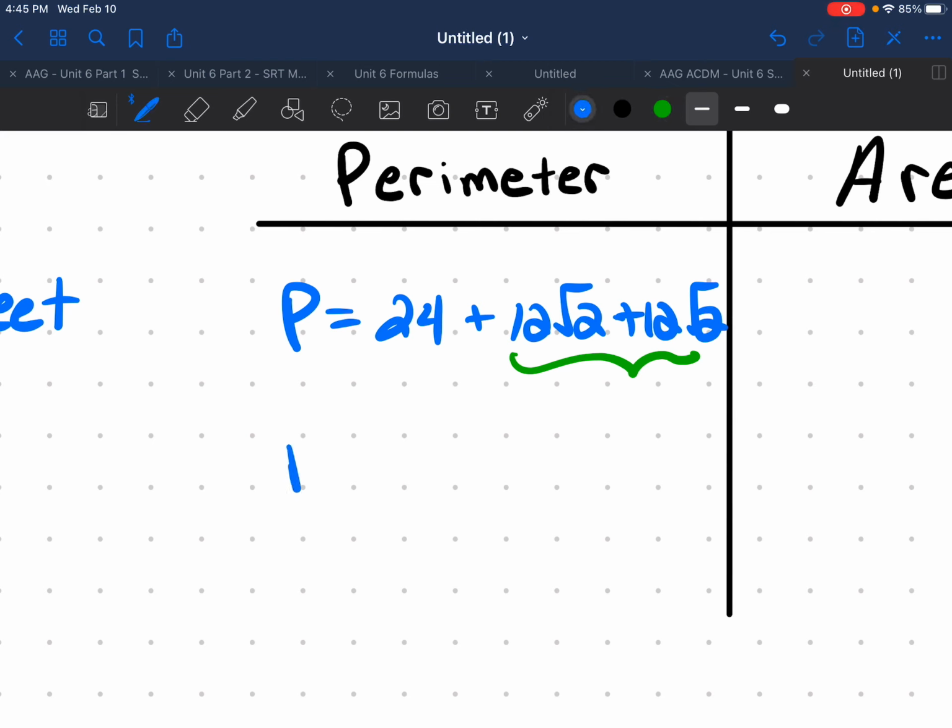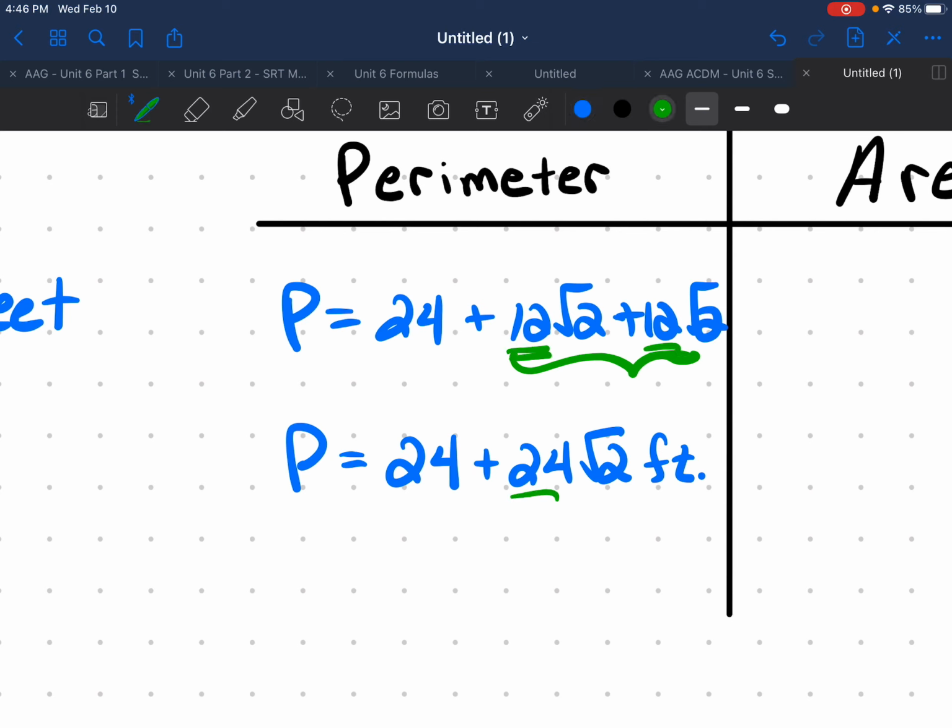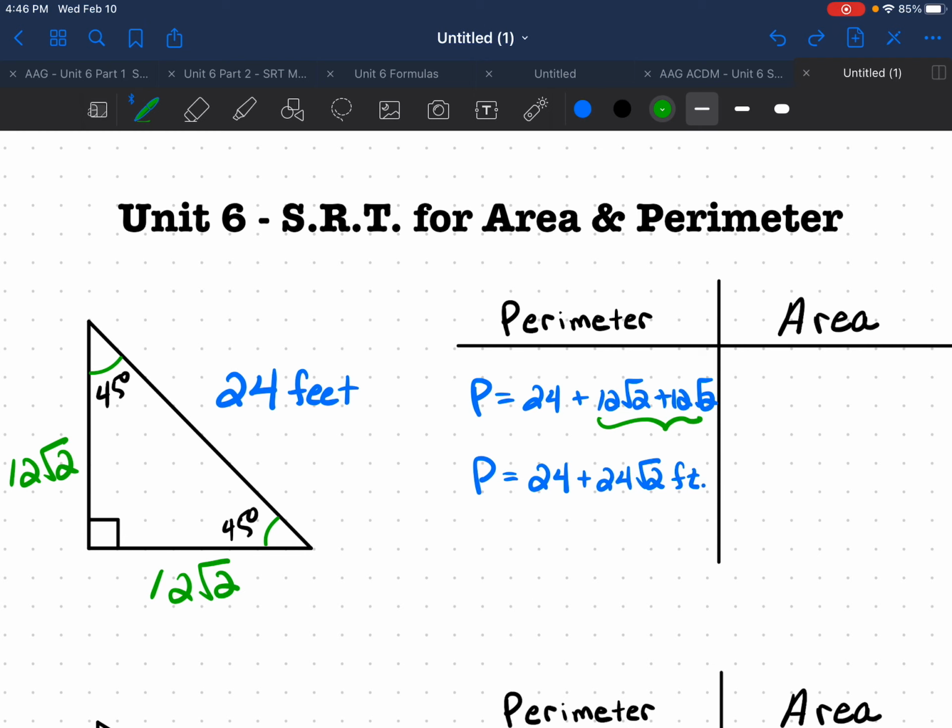So in this case, I will end up with a perimeter of 24 plus 24 radical 2 feet. I get that because I'm just going to combine my coefficients: 12 radical 2's plus 12 radical 2's is 24 radical 2's. So there's my perimeter, and that's as simplified as it can get.